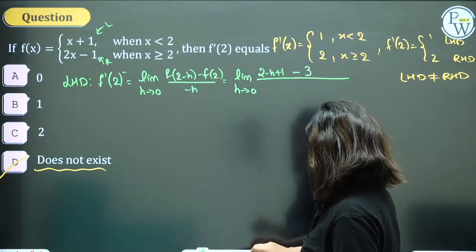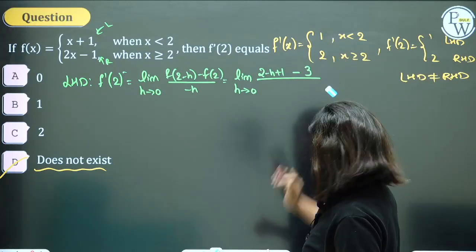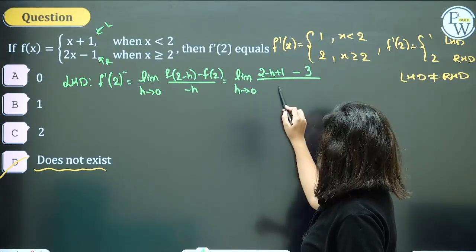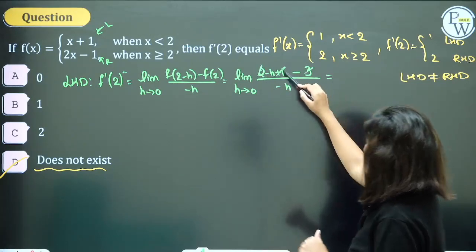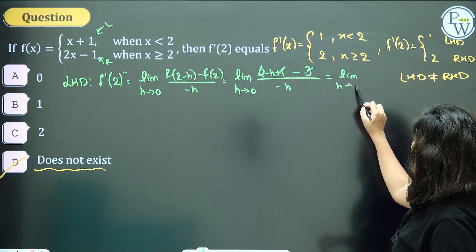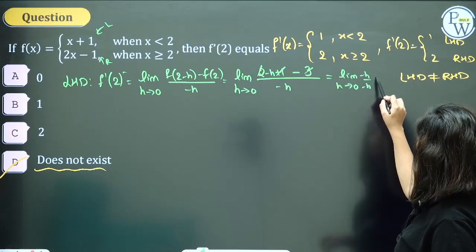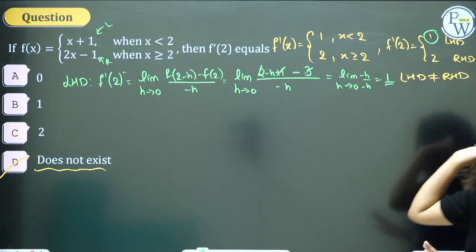So 3 over here. Upon denominator is minus h. 2 plus 1, 3, 3 cut. We have minus h upon minus h, and what is the left hand derivative coming out to be equal to 1. Alright, we also got 1 left hand derivative.